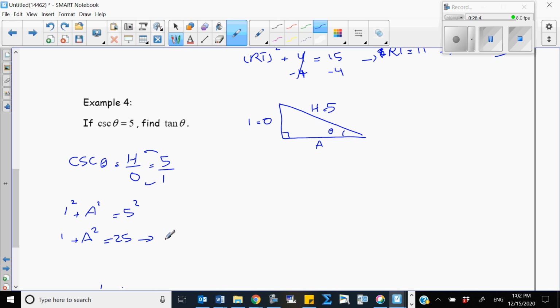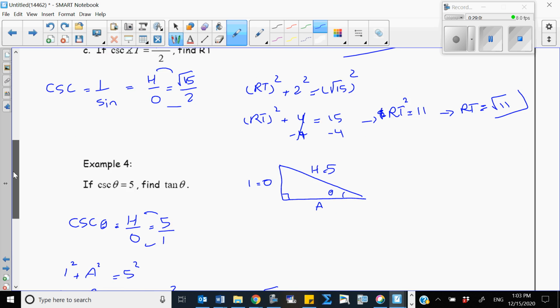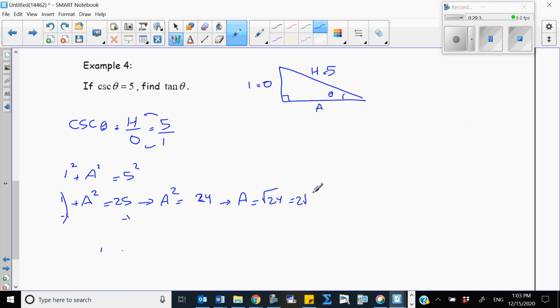And subtract 1 from both sides. A squared will be equal to 24, and a will be square root of 24. And if I simplify that, it's going to be like what I did here, 2 radical 6. Okay, now I have all the sides.